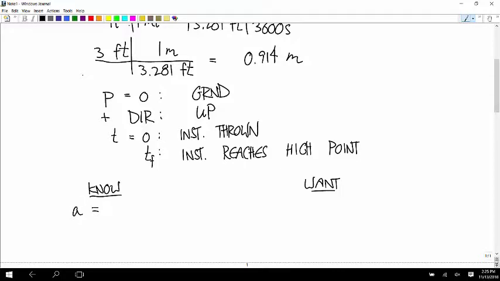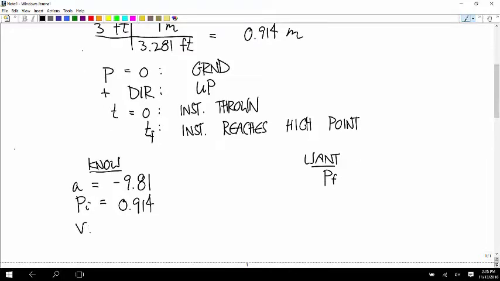Since my positive direction is up, the acceleration is negative 9.81. The initial position is 3 feet, which converts to 0.914 meters. What we're trying to find is the final position.